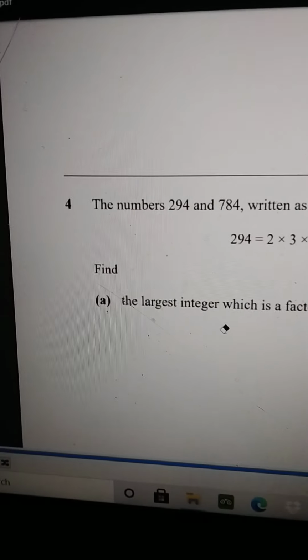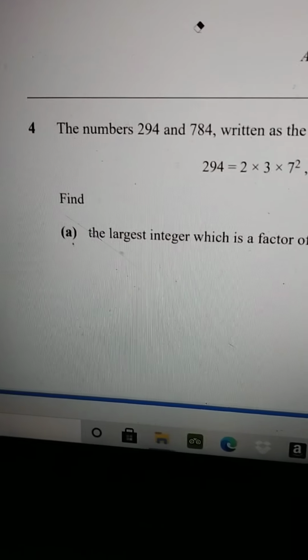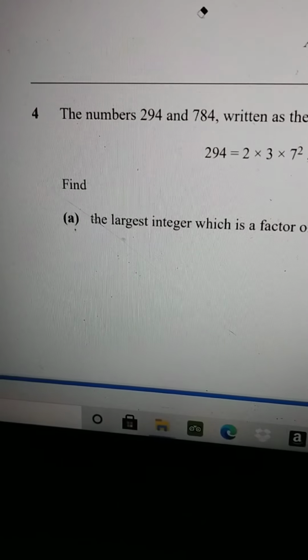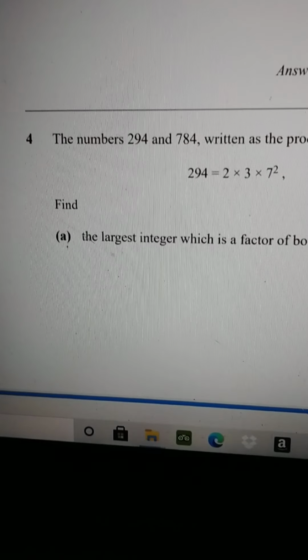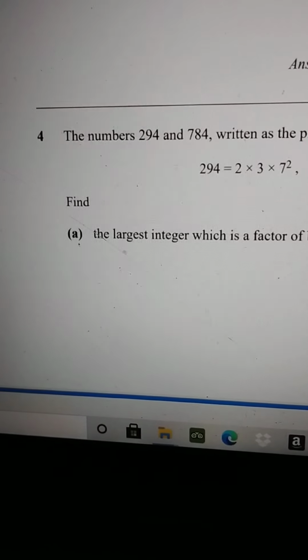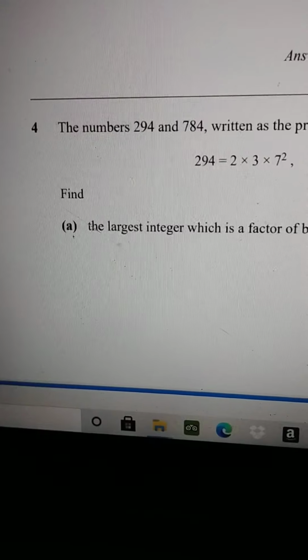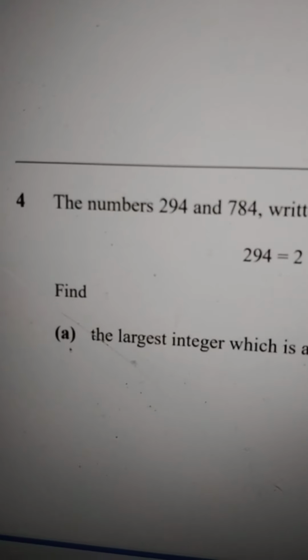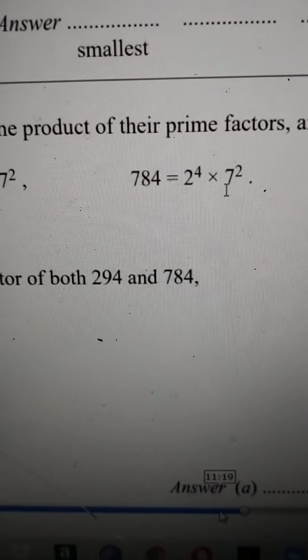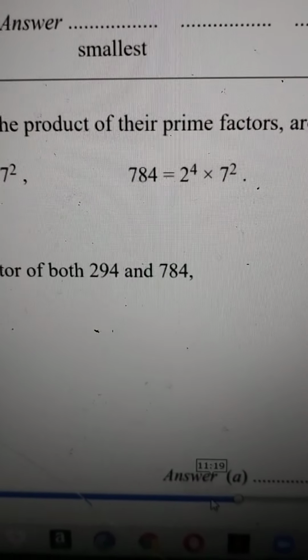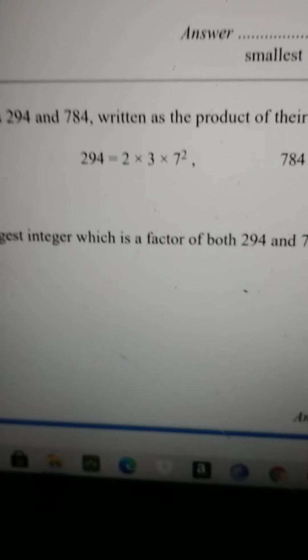Now we are going to move on to the next question. 784 is given over here as 2 raised to the power 4 into 7 square.